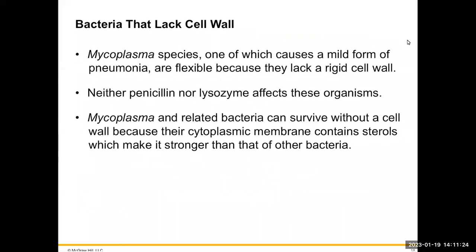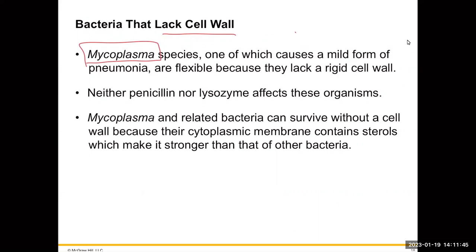All right, now some bacteria don't have a cell wall. So you should know this as an example. Mycoplasma are a type of bacteria, so they're totally different. And they don't have a cell wall. So penicillin isn't going to work against it.